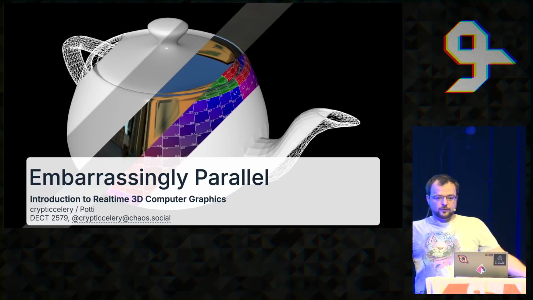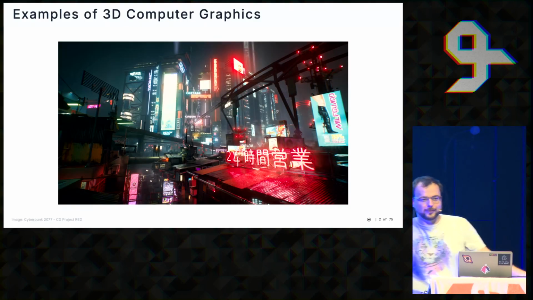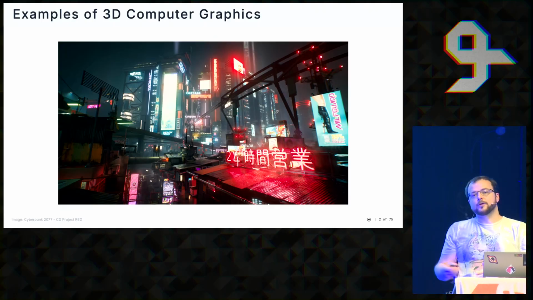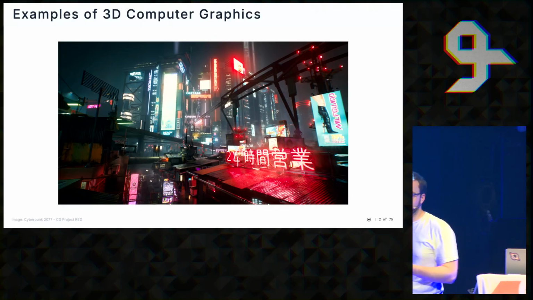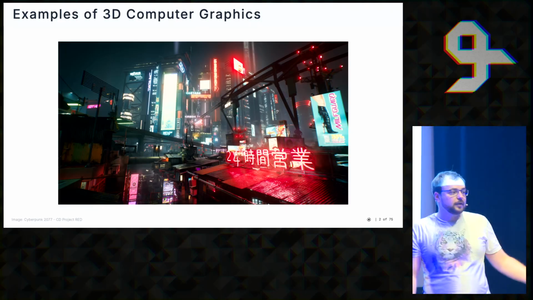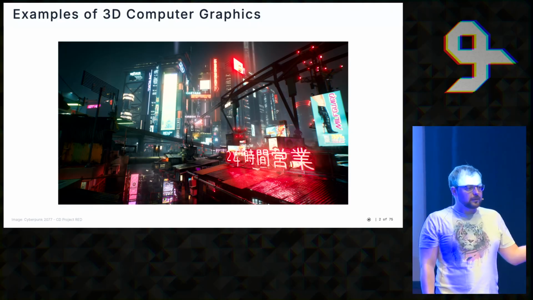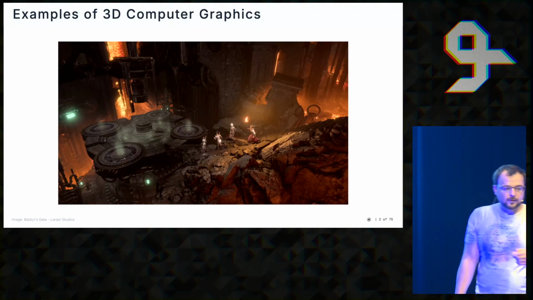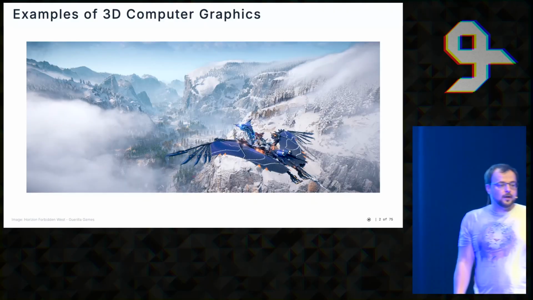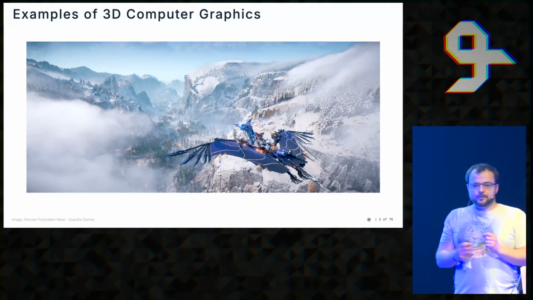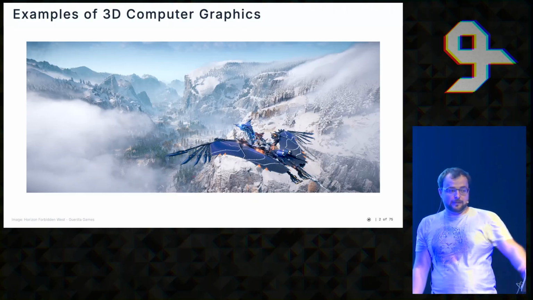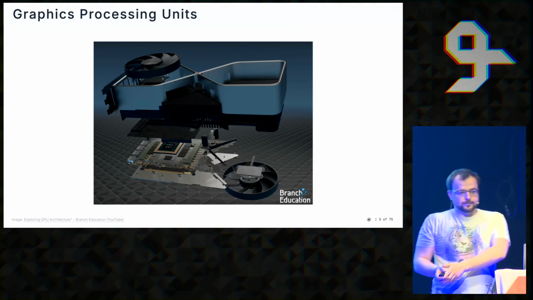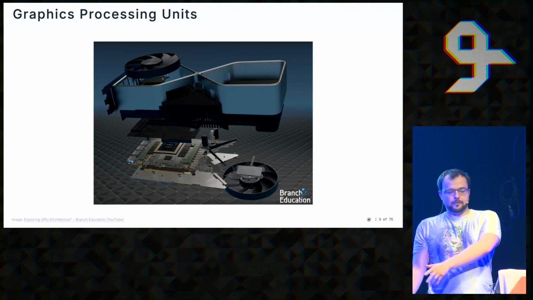So let's first look at what we're dealing with here, or why I'm doing this. I'm really interested in this topic because on current hardware, modern computer games and engines can create pretty amazing visuals like this from Cyberpunk 2077 or Baldur's Gate 3, or in this case, Horizon Forbidden West. And the thing powering the rendering part of all of these are GPUs, graphics processing units, and they're pretty impressive.